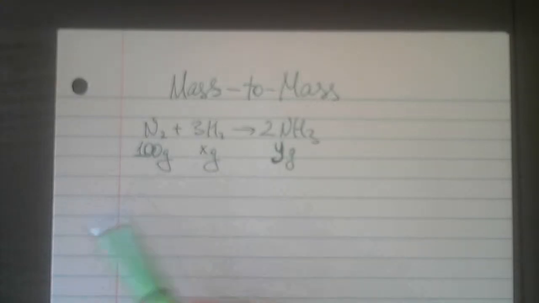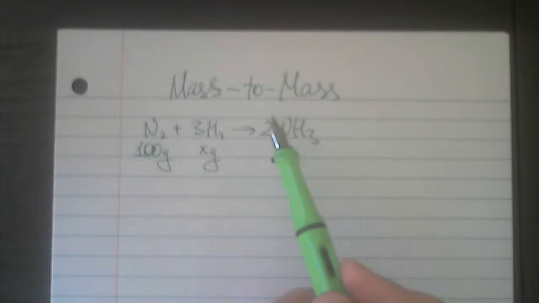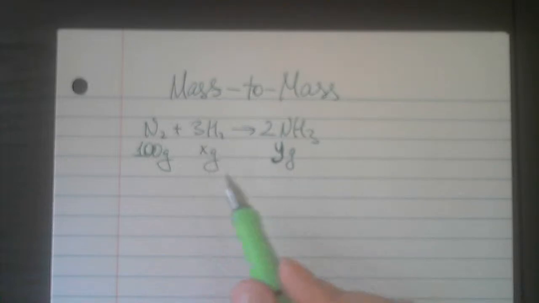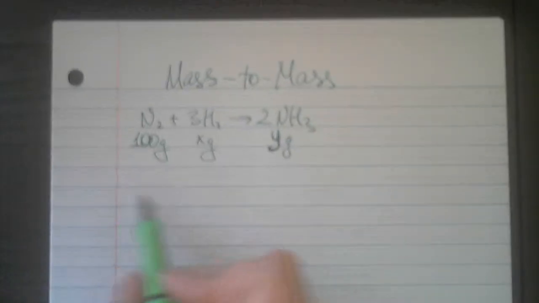Okay, so for conversions mass to mass, I cannot use coefficients. Before, when we did mole to mole, yes, it works beautifully for moles, but not for grams. We actually need to do 3 steps over here.